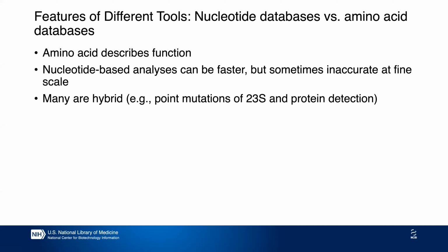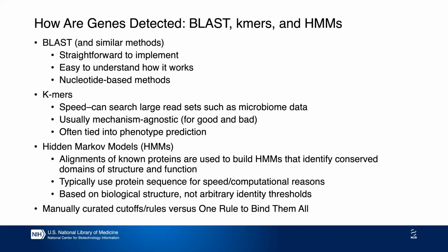But sometimes they can be inaccurate at fine scale because proteins and nucleotides don't always correspond, in terms of the closest protein hit may not be the closest nucleotide hit. And many of these tools are hybrids, so they may look for point mutations as well as look at protein sequence. So that's another thing to think about when you're looking at tools.